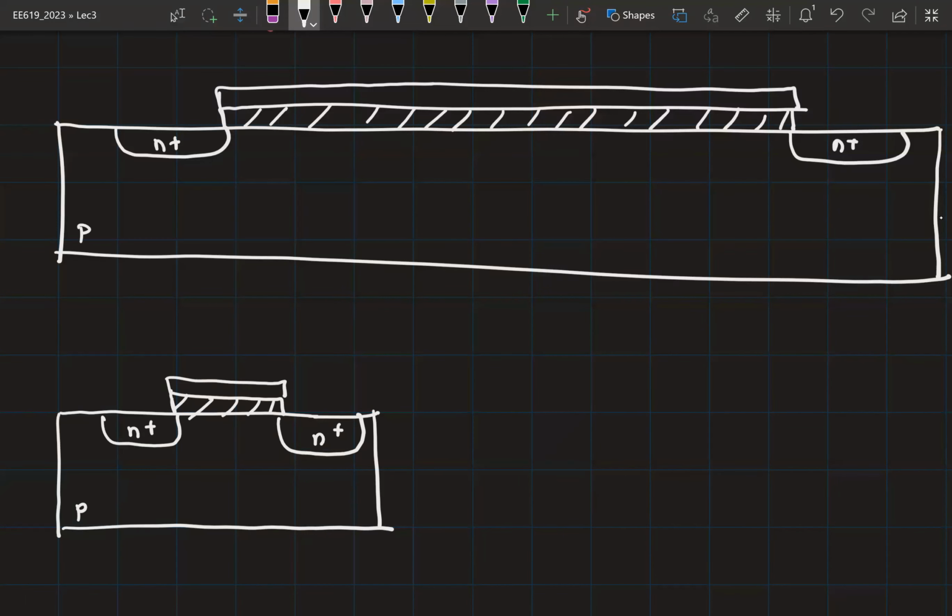Let me also mark the depletion regions around the source and the drain. What do you notice first?